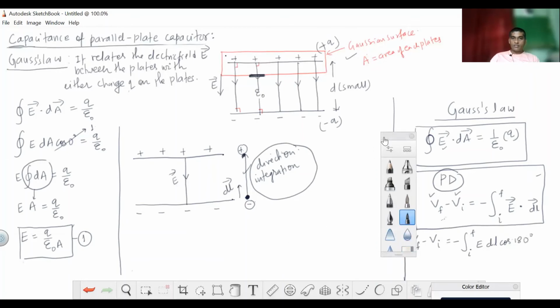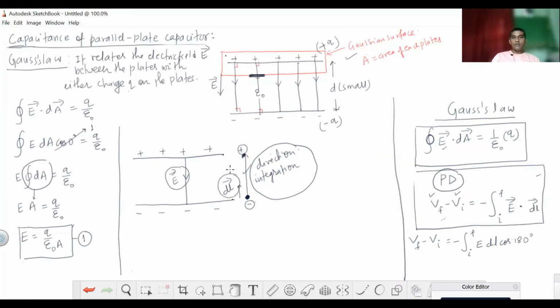So we have this clear, because the electric field and displacement are oppositely directed, so the angle between vector E and vector dl is 180 degrees. And this gives us Vf minus Vi. So let me write this in this way.